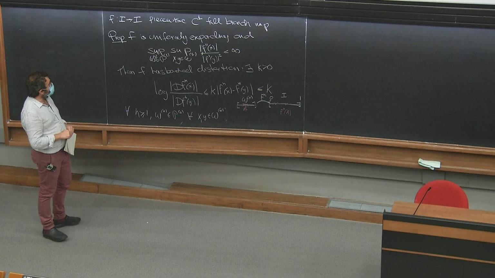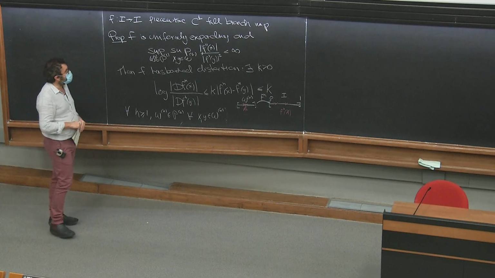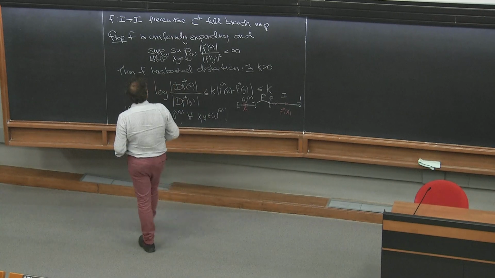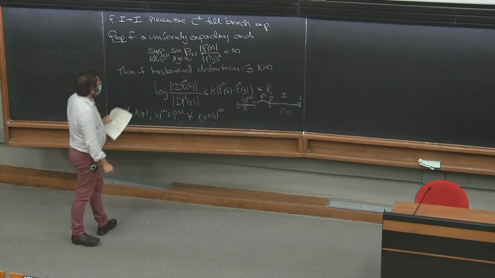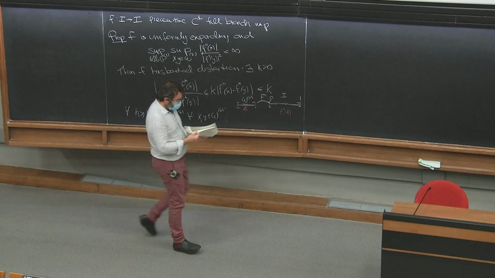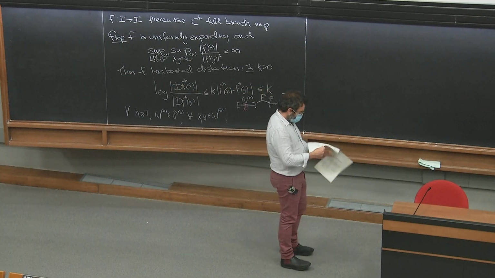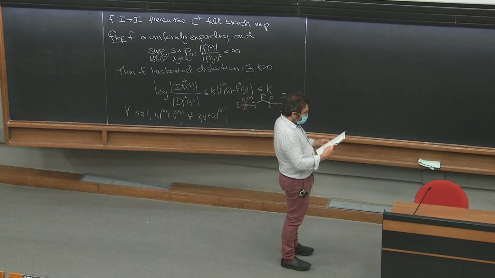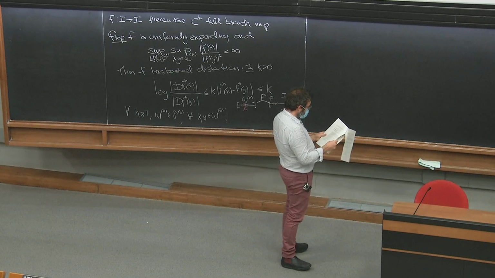So there's two results we want to prove today. First this, and then the existence of physical measures. So how do we prove this result here? We will have 3 steps. The first one I will not do in detail, actually.